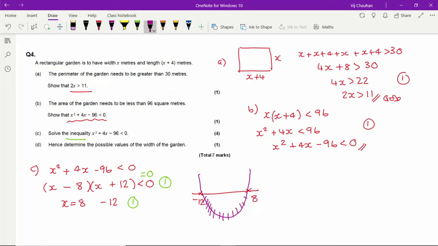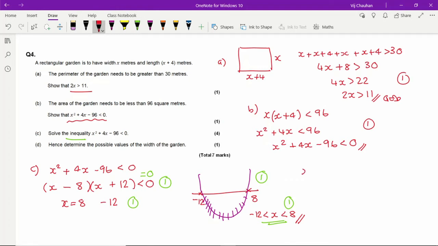So the answer to solving this inequality is minus 12 is less than x is less than 8, and there is your final answer. Again, you'll lose a mark if you don't draw a sketch, and obviously your 4th mark comes from your final answer.